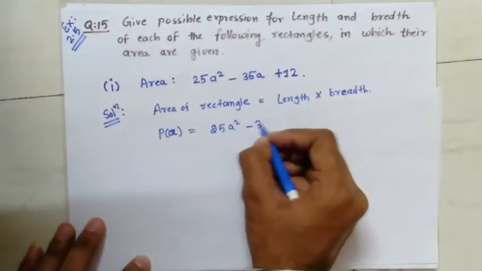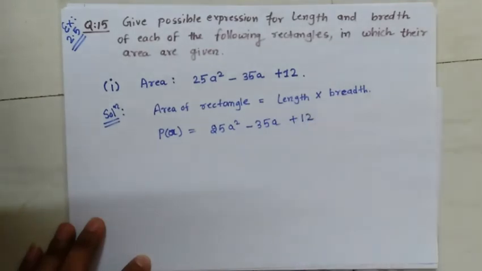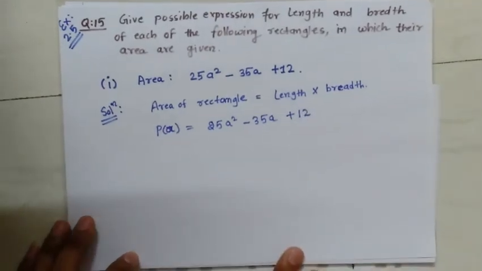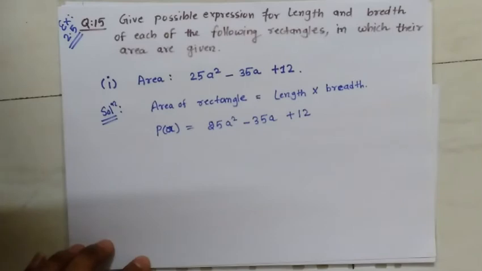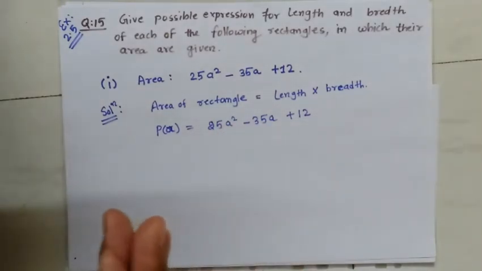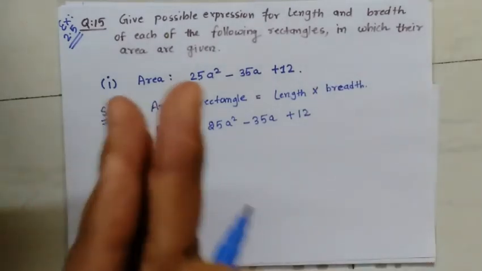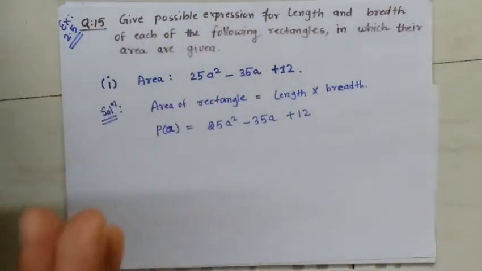P of a, 25a square minus 35a plus 12. And we need to find the expression for length and breadth. So what we need to do? Here the highest power is 2, so we can break it into two parts, and that process is called factorization.